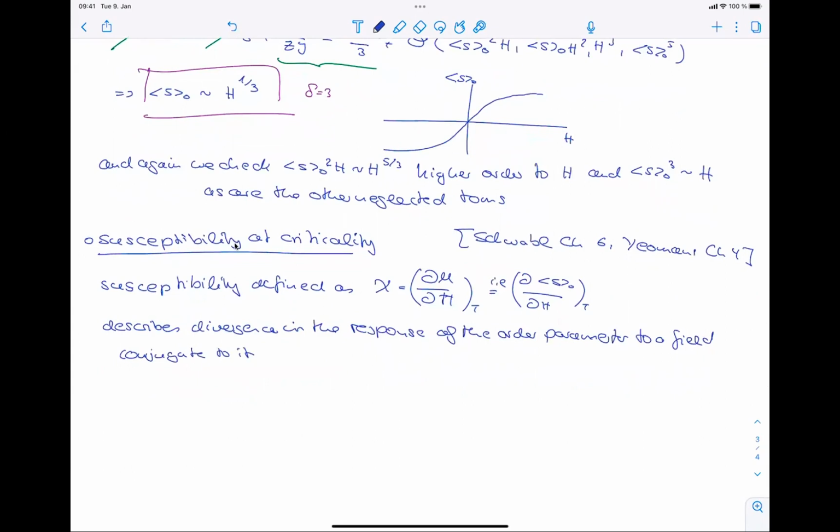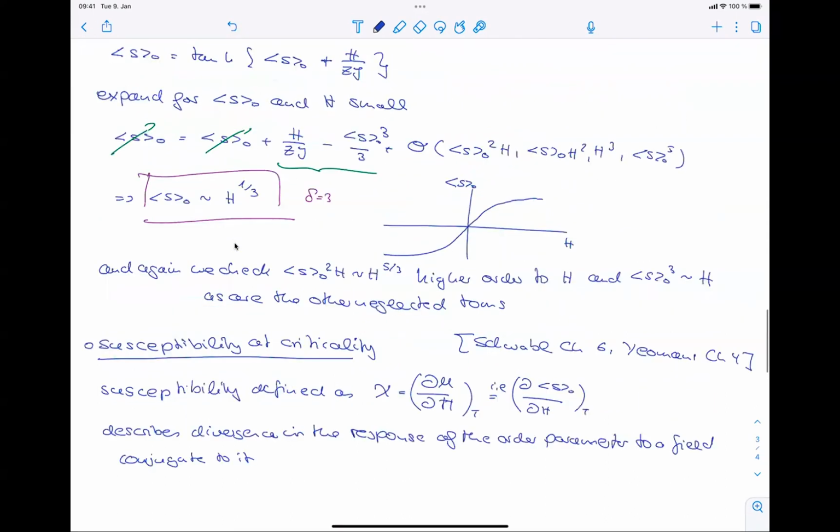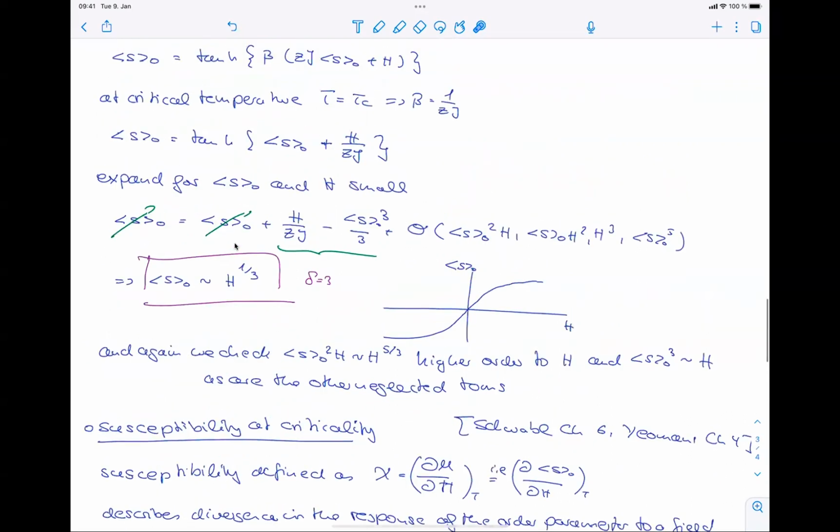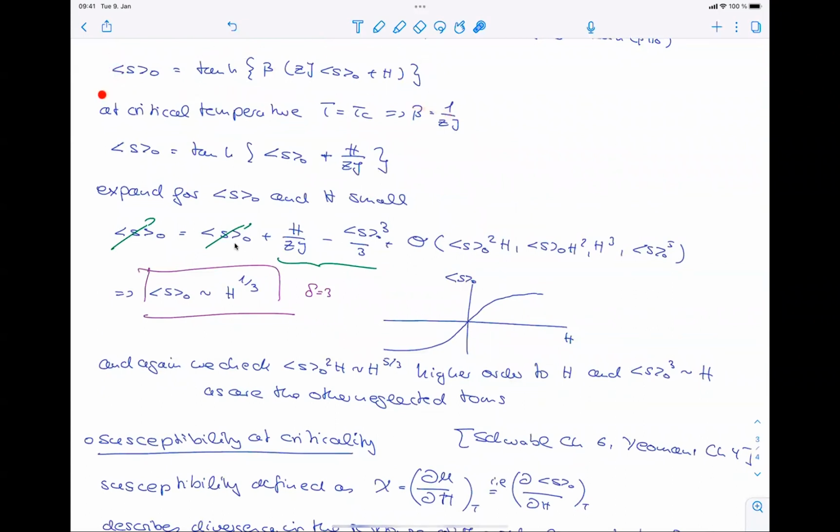Okay. So again, we now have to take a derivative of the magnetization as a function of H. We start with this equation, but, no, not this equation, because here we assume to be at criticality. We start with this equation because we're interested in how we expect to have a divergence at criticality, so we don't want to jump to criticality, but we want to look at how we approach criticality.